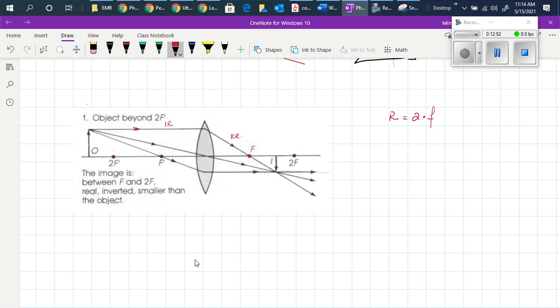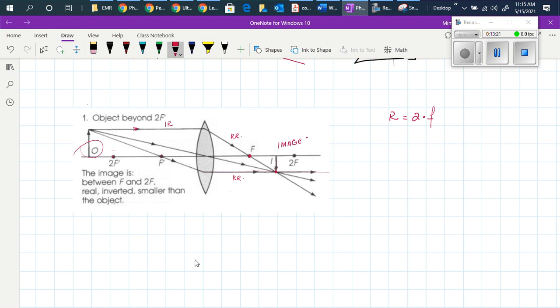You may not apply the third rule, because what you will be able to see is the intersection of the two reflected rays, and this will create the image. So if this is the object, then this is the image. As you see, the image in this case is inverted.